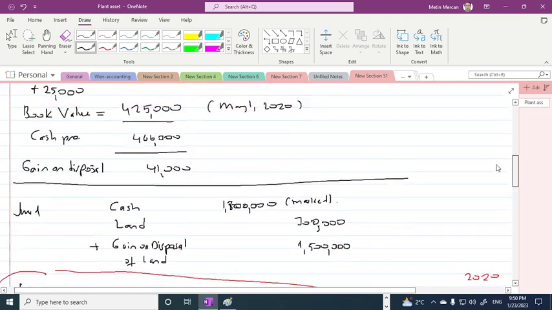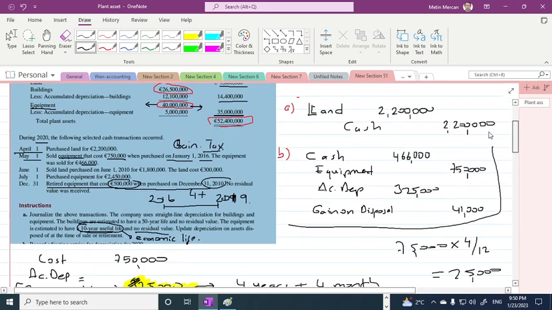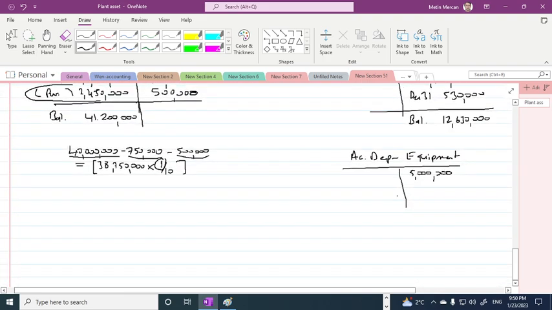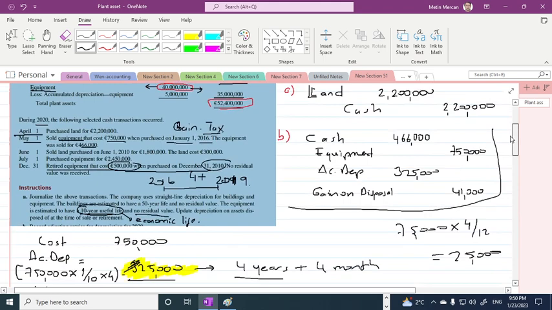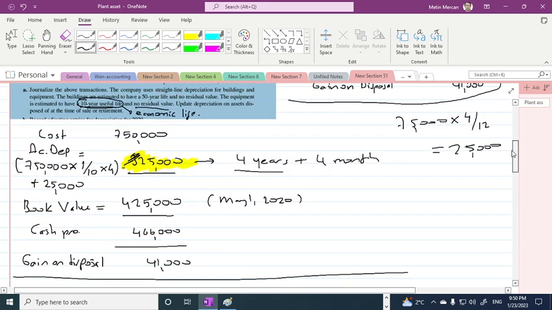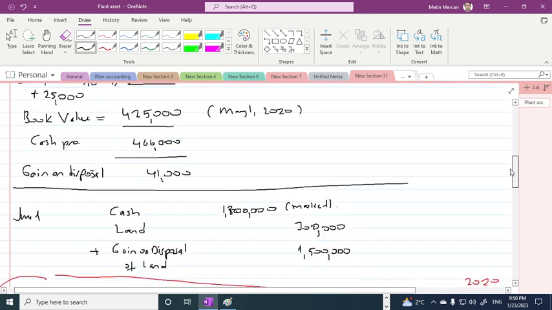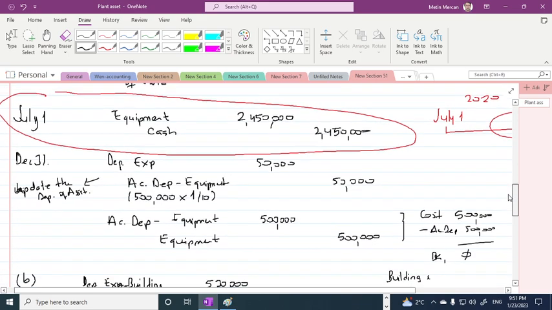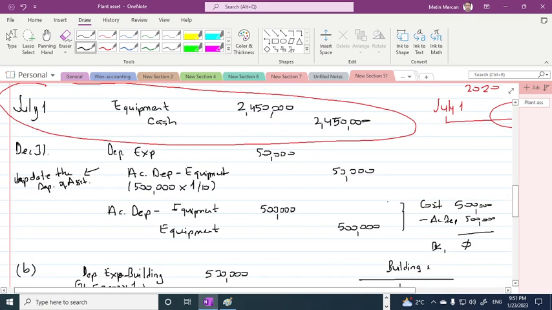Then if you look at the adjustment entries, equipment accumulated depreciation is gone, 325,000, because it is sold. And later equipment is expired or retired.